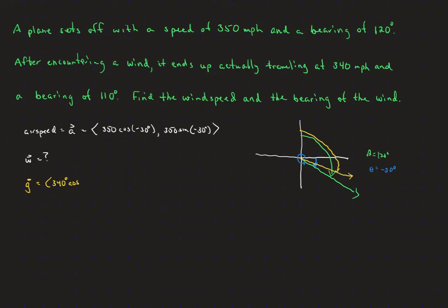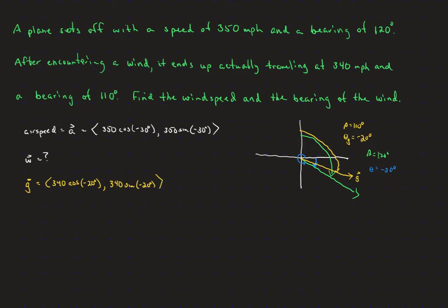So this is going to be our ground speed vector here. It's got a bearing of 110, and that means its direction angle is going to be negative 20 degrees. So we're going to get a cosine of negative 20 degrees, and then 340 is the magnitude times the sine of negative 20 degrees. So that's going to be our ground speed.